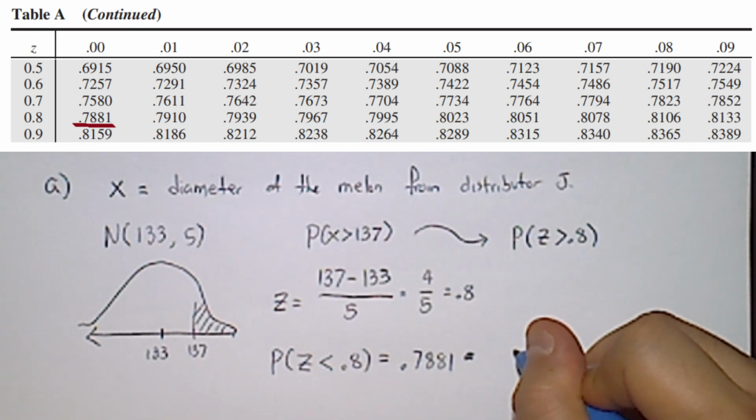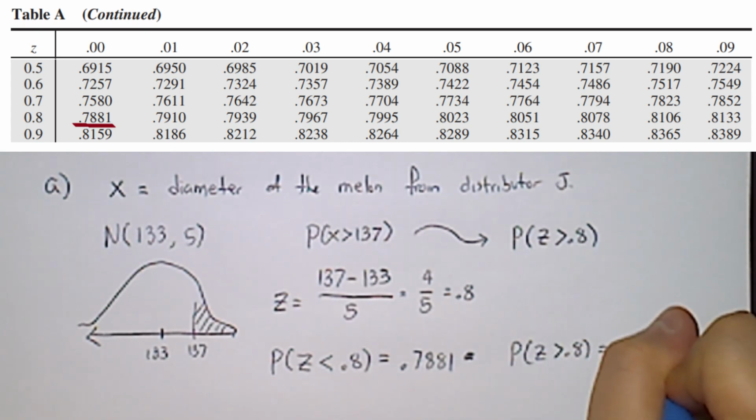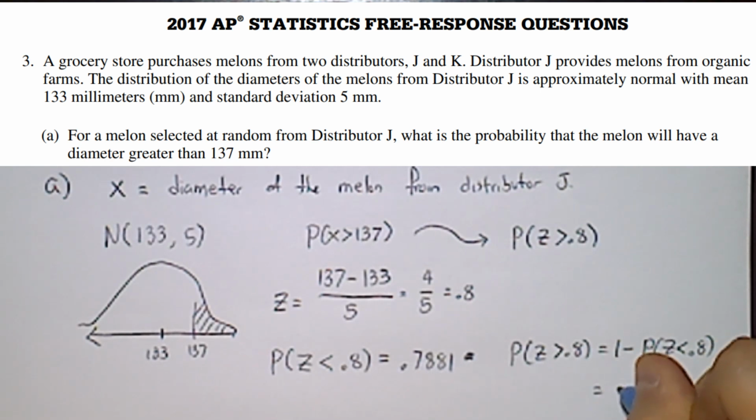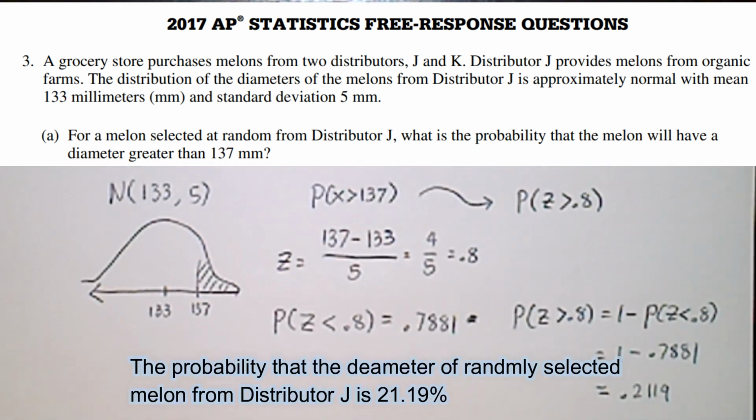So therefore, the probability of z greater than 0.8 will be 1 minus the probability of z less than 0.8, which means the answer comes out to be 0.2119.